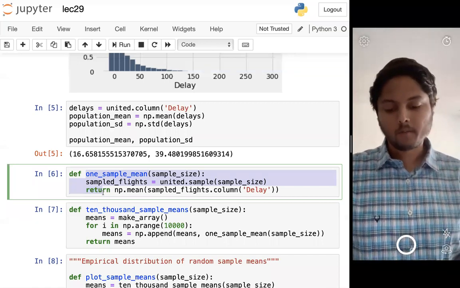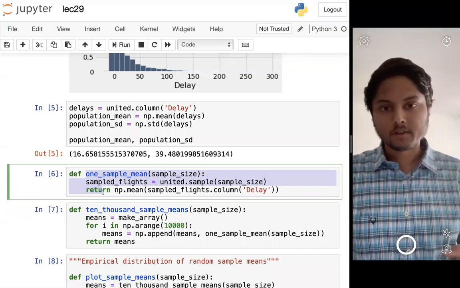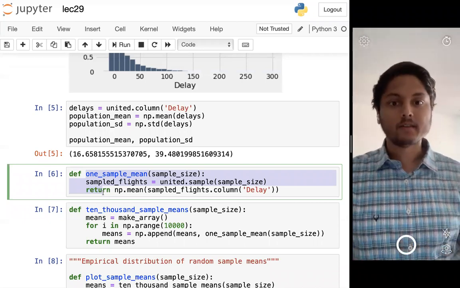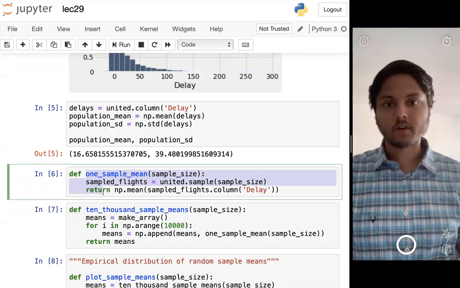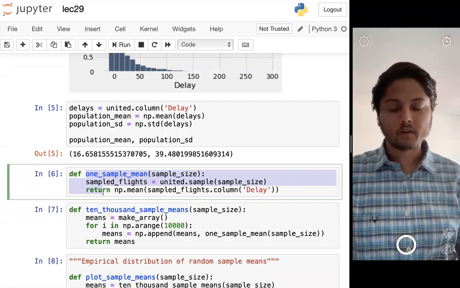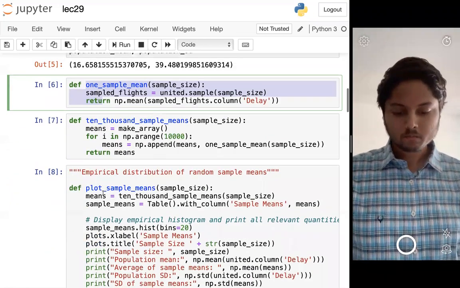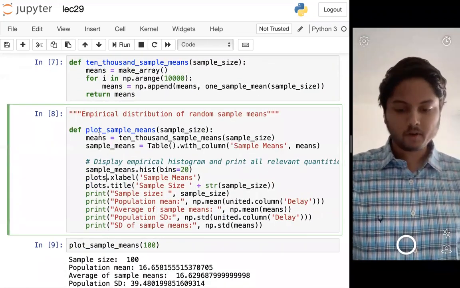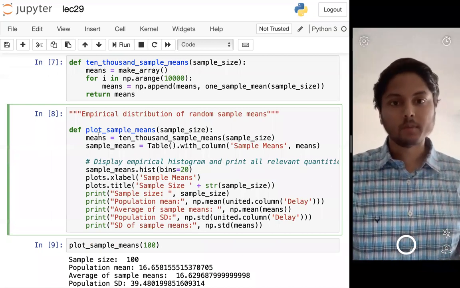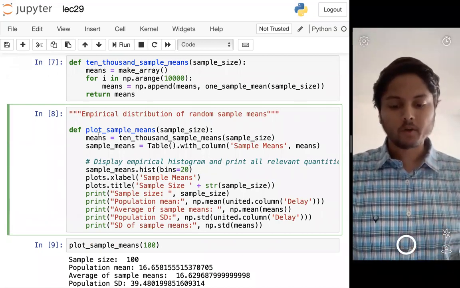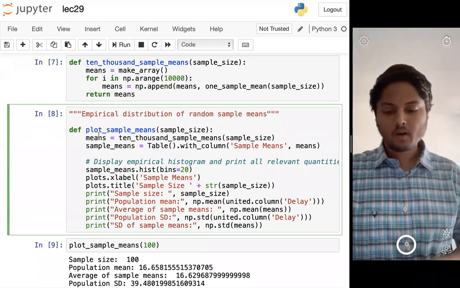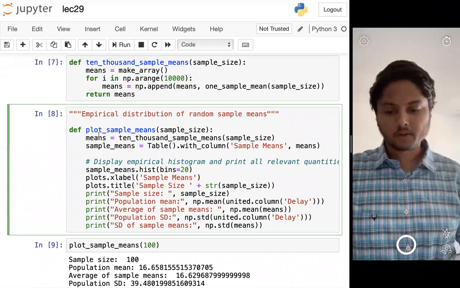So you could simulate doing 100 samples 10,000 times and then see how much that sample average actually changes every single time you do a sample of 100. And then finally, we created a function to plot all of those sample means from your 10,000 random samples, or 10,000 simulations, I should say, and then just plot them all together on a graph.